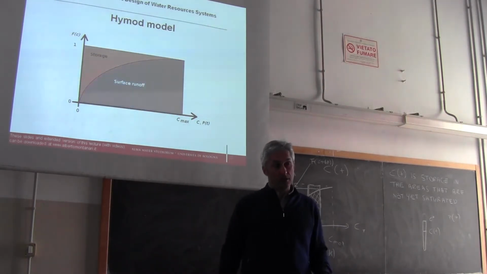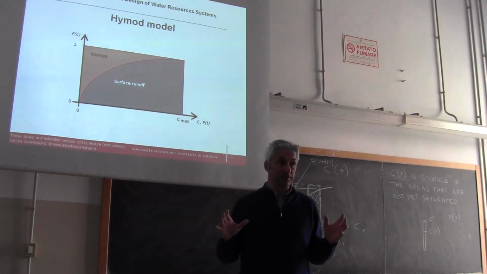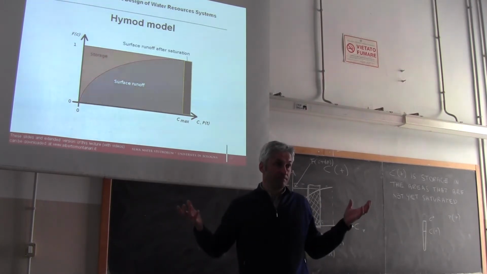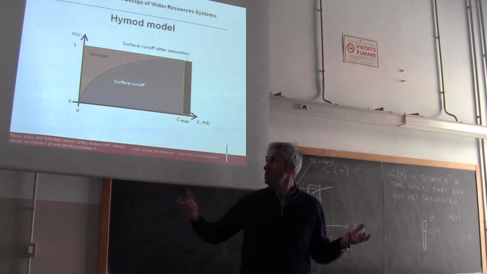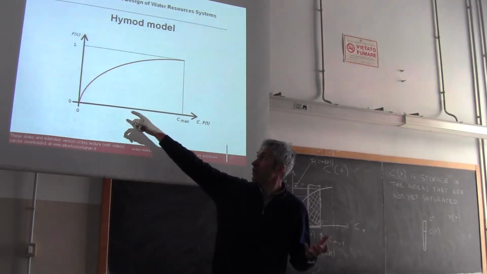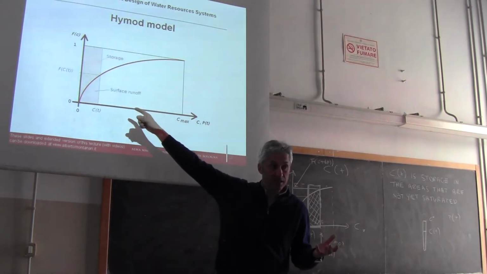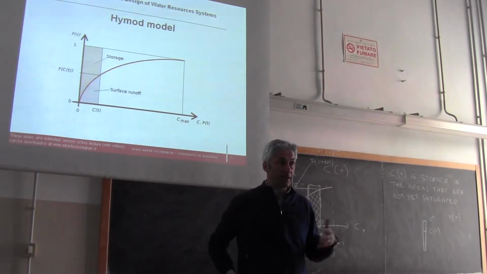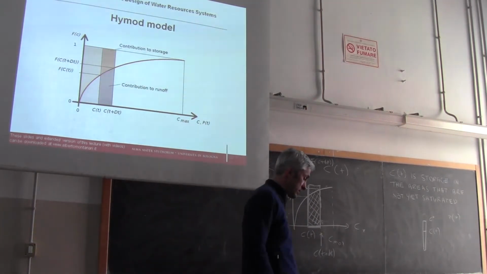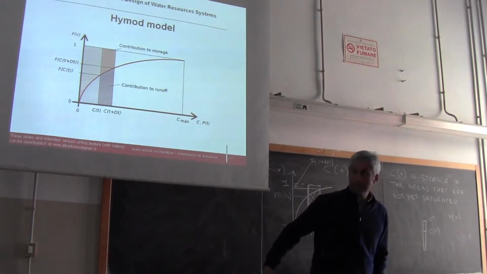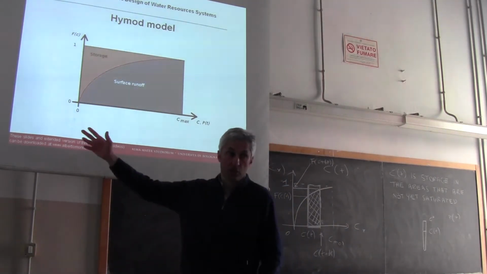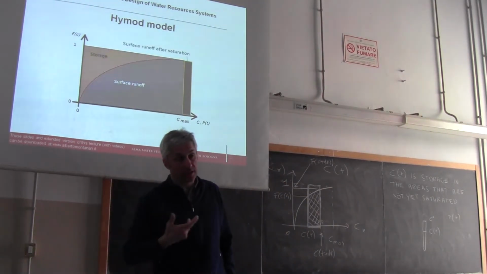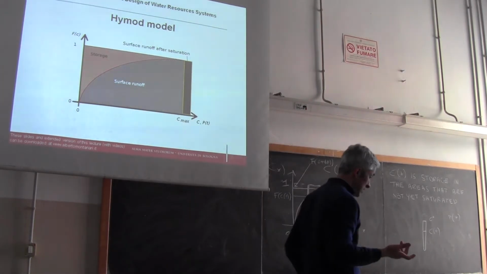What is the area below a curve? It's the integral. So I need to compute the integral of the FC, depending on the extremes of integration that I will decide.